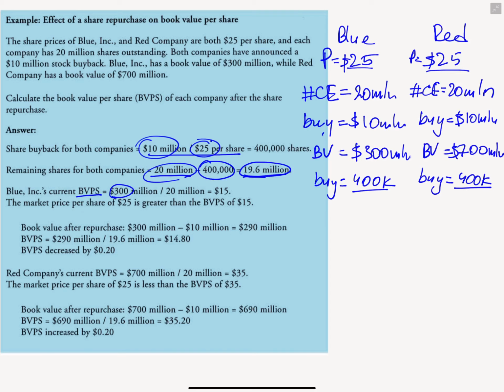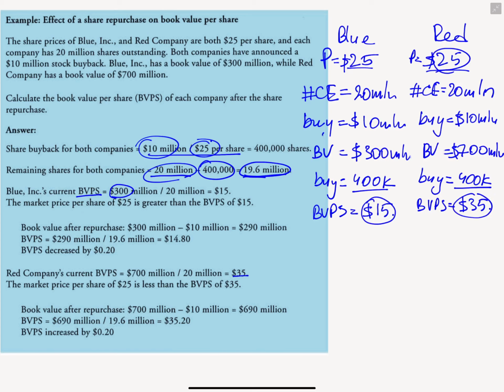Blue company had a book value per share of $15, and the book value per share of red company is $35. So we will compare this book value per share to market price.